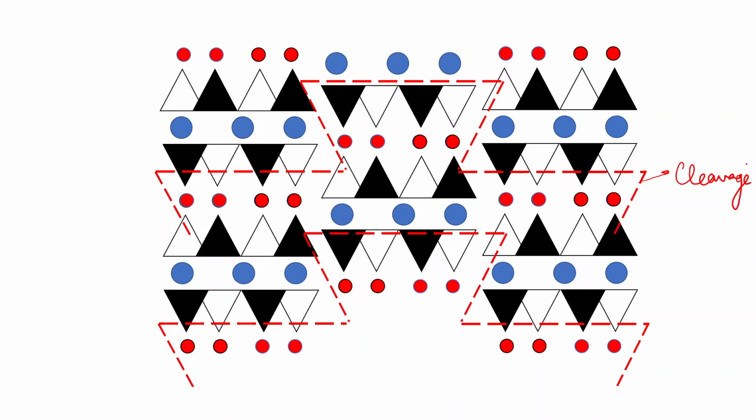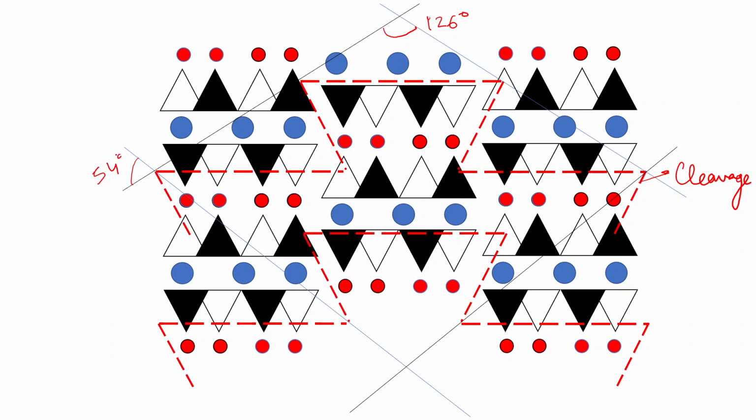We all know that hornblende has two sets of cleavage which are aligned at an angle. And what is that angle? See, this angle is 126 degrees, while this angle is 54 degrees.